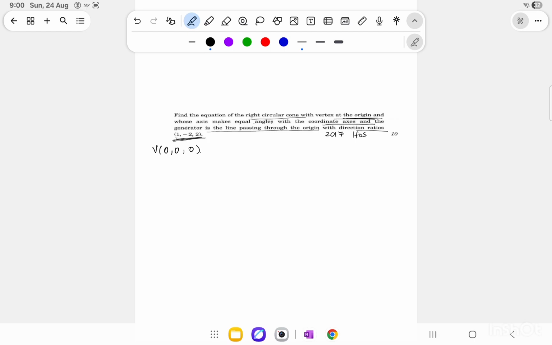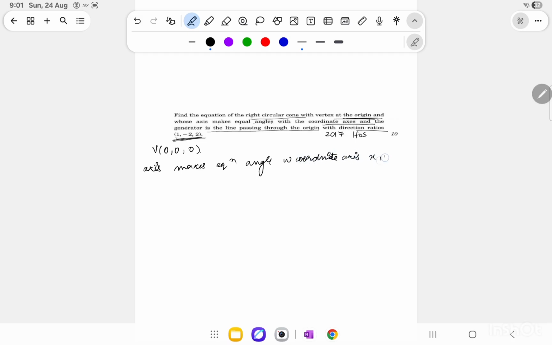So 0, 0, 0 is the vertex. It further says that the axis makes equal angle with the coordinate axes x, y, z.